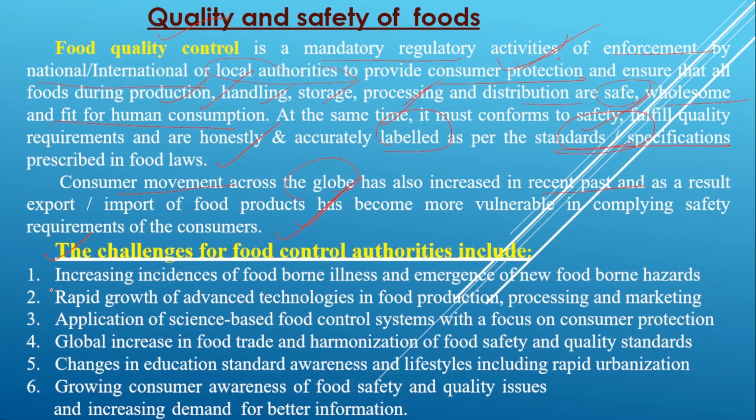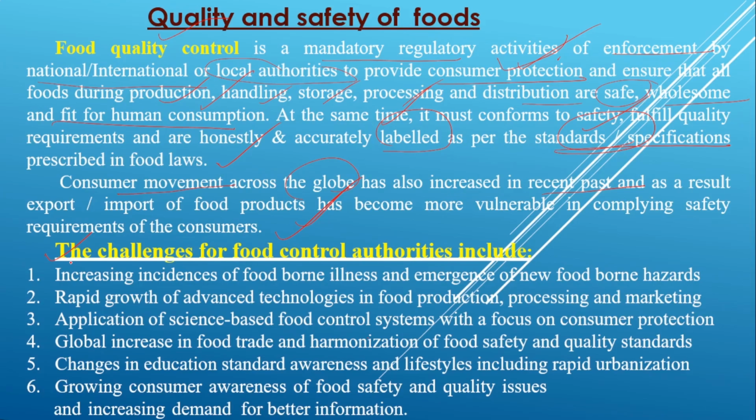These authorities include international organizations like the WHO, World Health Organization, and FAO, Food and Agriculture Organization, as well as local or national regulatory agencies such as the FSSAI, Food Safety and Standards Authority of India, or the FDA, Food and Drug Administration, in the US.